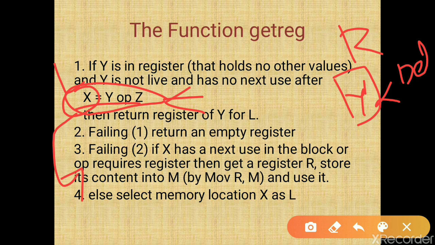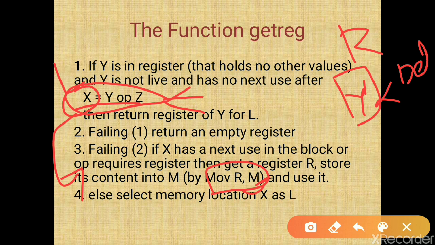Like x is used somewhere else in the program, or I need the value of x in my further computation, what I will do is store its content into M. Then I will use it by using the code move R comma M. So whatever contents are inside M, that will be copied to R.